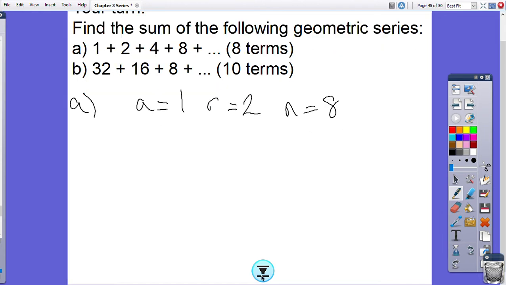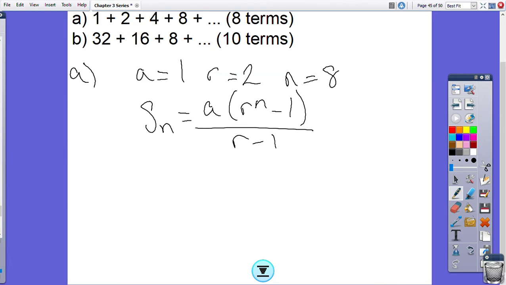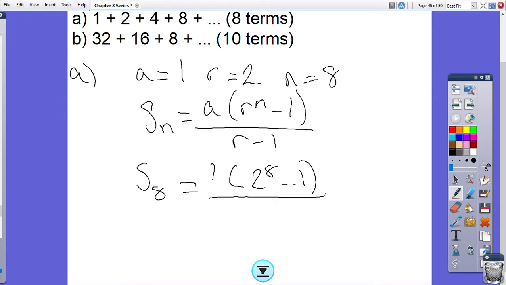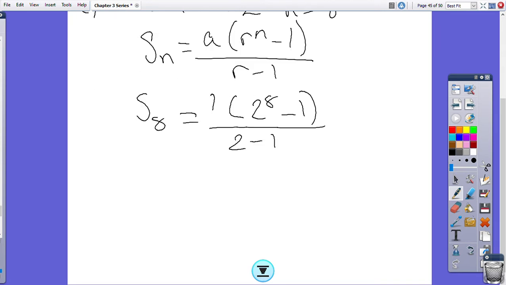So we want the sum of the first n terms, a(r^n − 1)/(r − 1). The sum of the first 8 terms is 1 times (2^8 − 1)/(2 − 1).